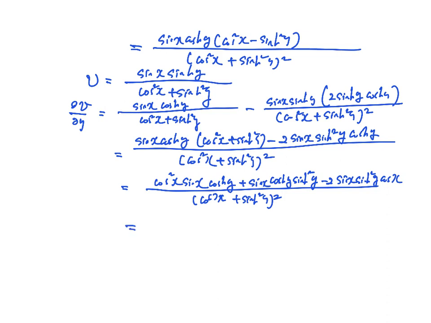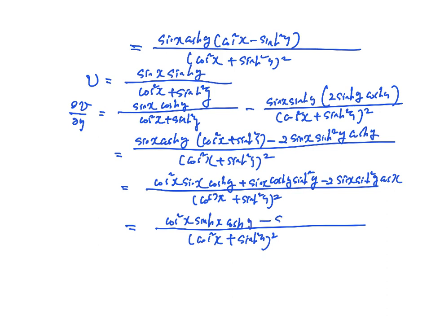Cosine square x plus sine hyperbolic square y, and this is cosine square x sine x cosine hyperbolic y minus sine x sine hyperbolic square y cosine hyperbolic y.